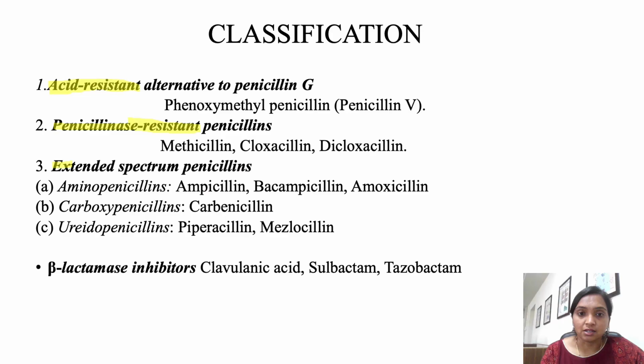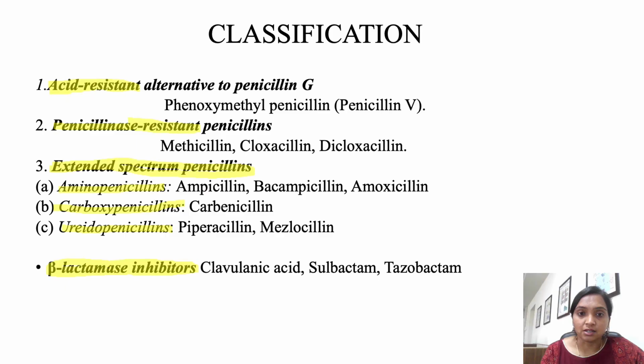Extended spectrum. Why extended spectrum? Because our penicillin G was a narrow spectrum antibiotic. So we have aminopenicillins, carboxypenicillins and ureidopenicillins. Individually we will study in detail. And some drugs which are active against beta lactamase are also called beta lactamase inhibitors.